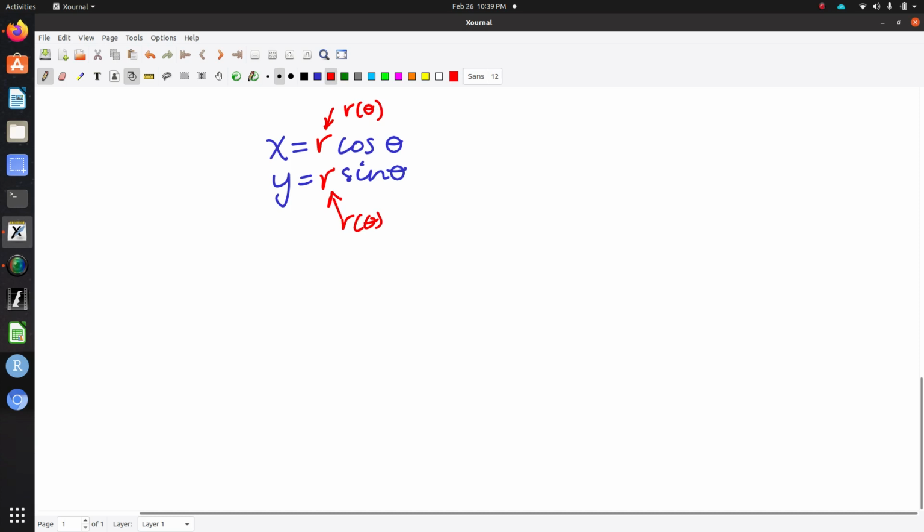But now you can take the derivative of x with respect to theta, and you're going to take the derivative of y with respect to theta. And if you like, theta could be t, so you could just use x dot and y dot if you're being lazy. Okay, so how do you find dy dx?